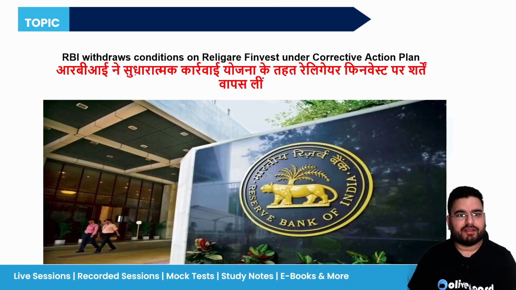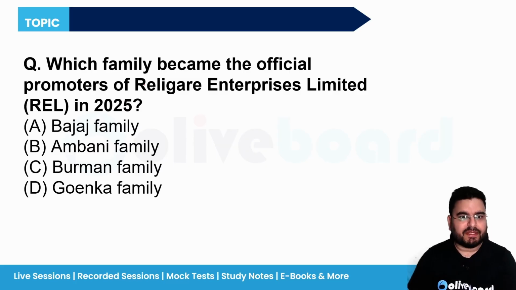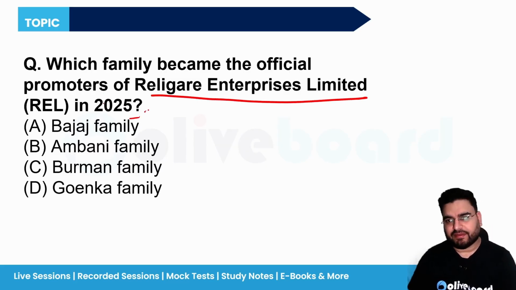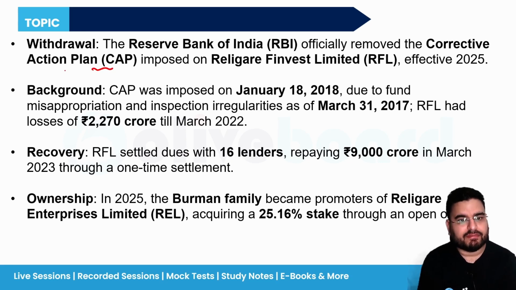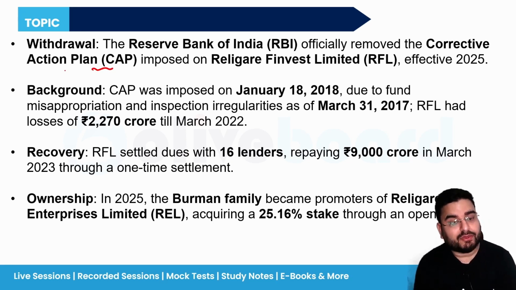Next is RBI withdraws conditions on Religare Finvest under the corrective action plan. So which family became the official promoter of Religare Enterprises Limited in 2025? We'll see the news, then we'll see the answer. So RBI has officially removed the corrective action plan. Whenever some organization is suffering from NPAs and other issues, or might get into real big trouble, RBI has a prompt corrective action mechanism through which they help the organization.